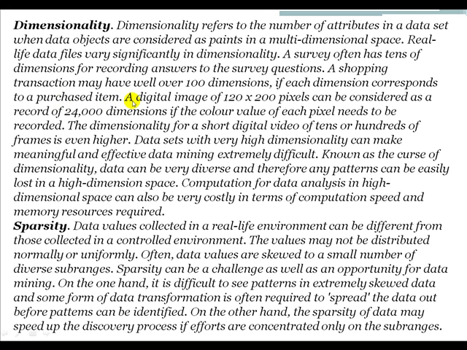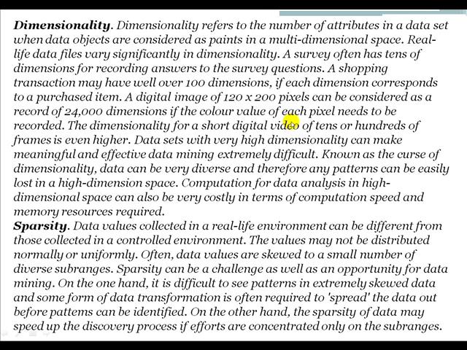So if you want to be able to record up to 100 items that people may purchase at one time, then you'd need 100 dimensions. A digital image of 120 by 200 pixels can be considered as a record of 24,000 dimensions if the color value of each pixel needs to be recorded.